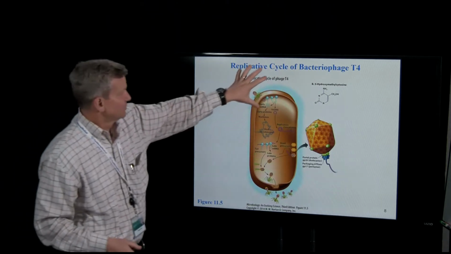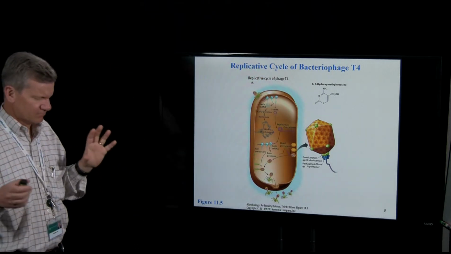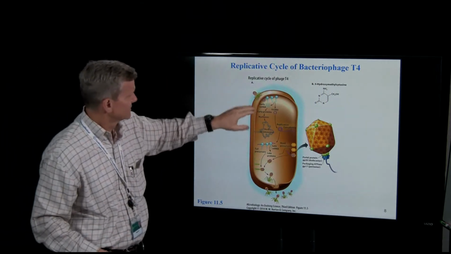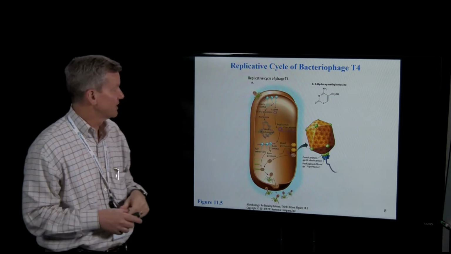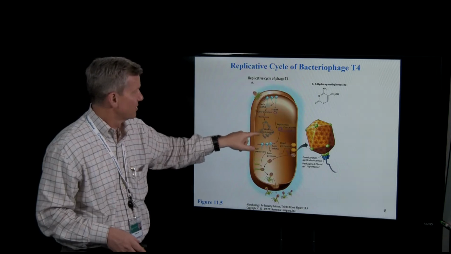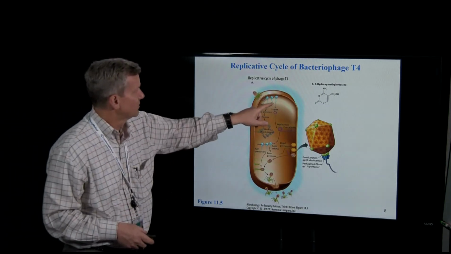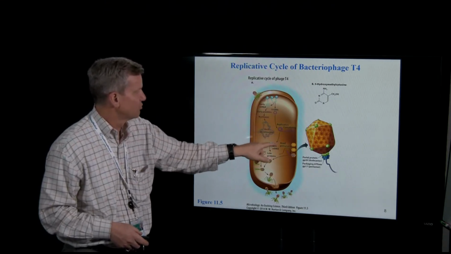So once again, this just talks about the replicative cycle of the bacteriophage. It gets in, makes messenger RNA from double-stranded DNA, and then the messenger RNA can go ahead and make protein, as messenger RNA does, while from the double-stranded DNA, rolling circle replication makes more of the genome.